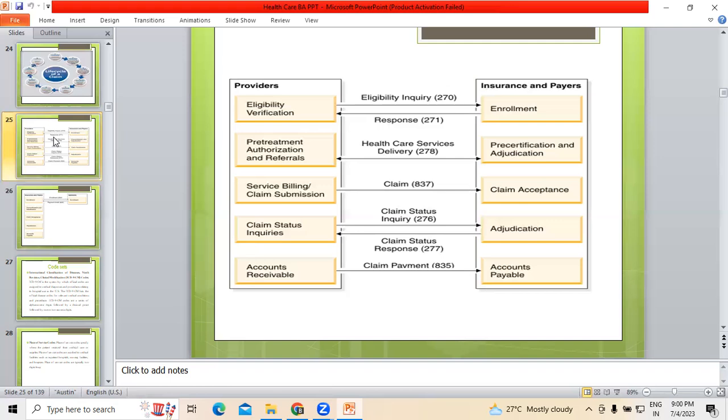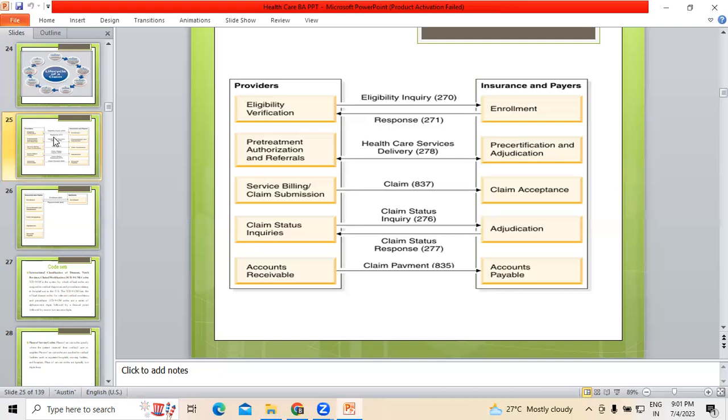Whenever such a person approaches the hospital for treatment, we have to see eligibility verification in what context it applies. He may have eligibility for Medicare because he is working for the organization.